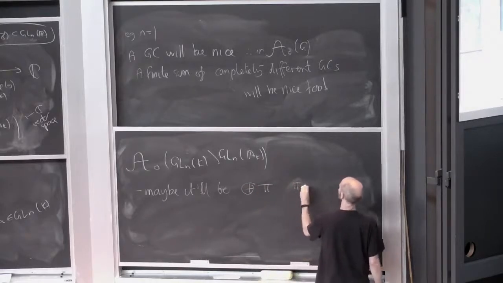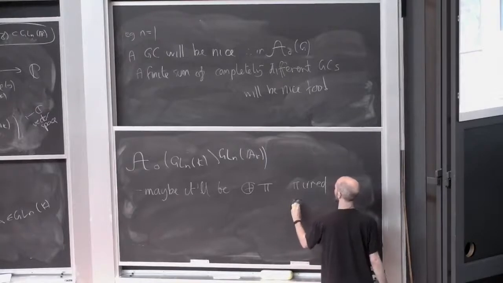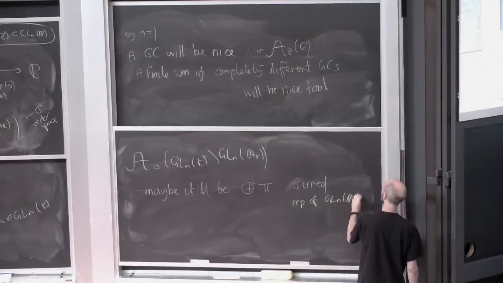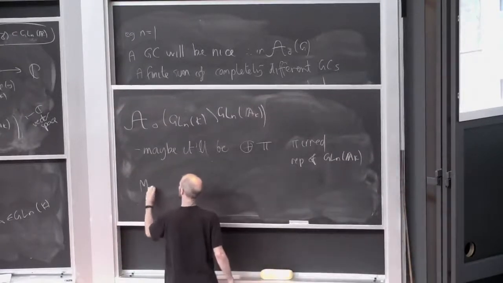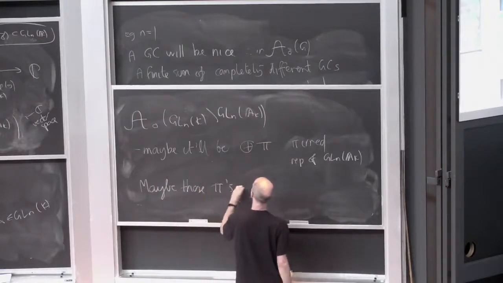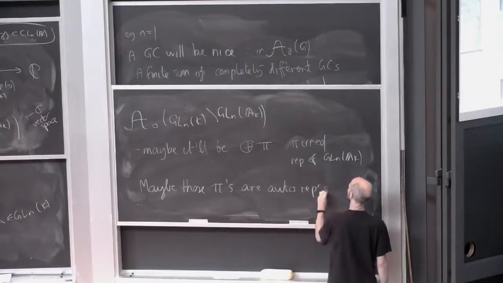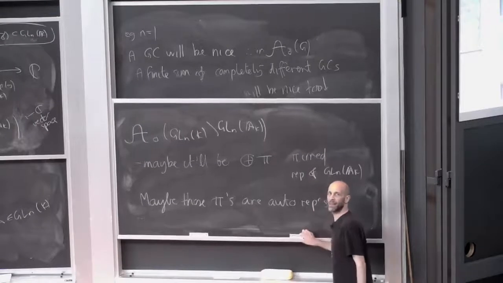With pi an irreducible representation of GLN of AK. And maybe those pi's are going to be the automorphic representations. So that's where we're going, you see.